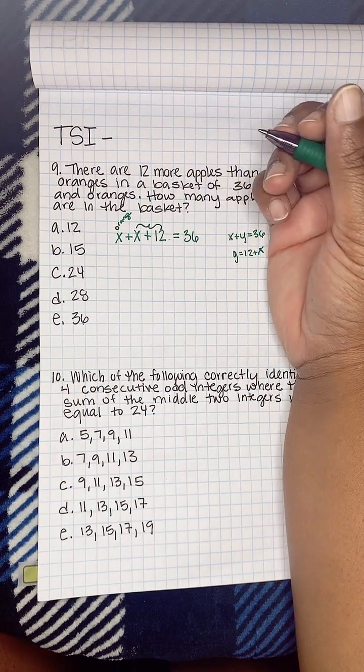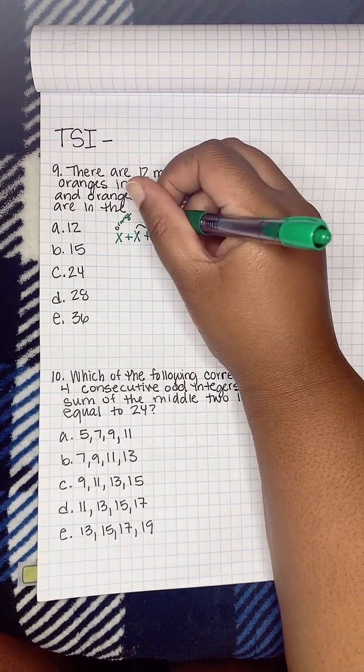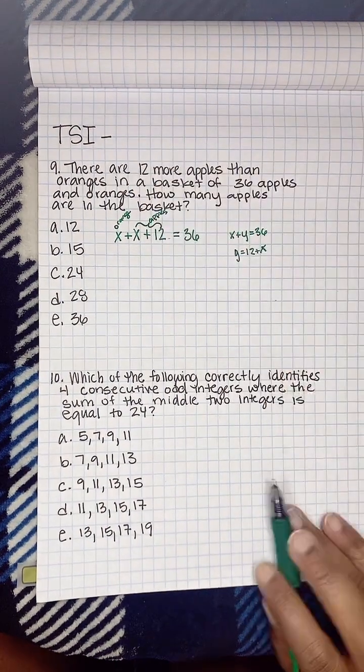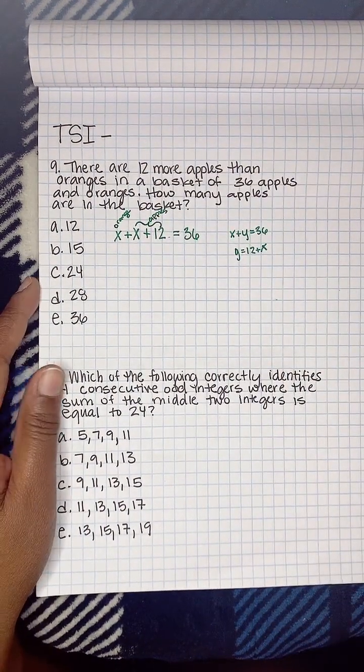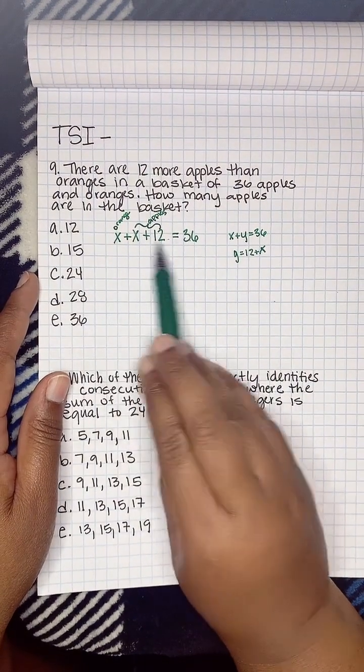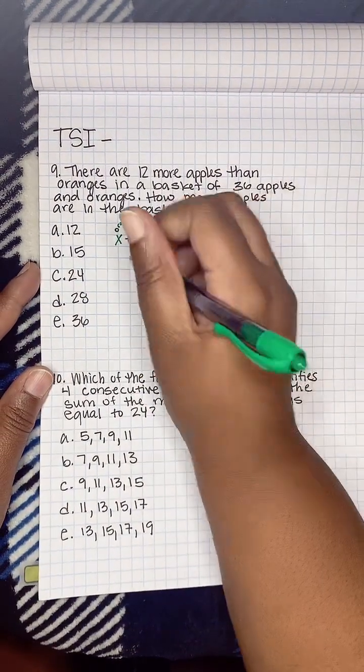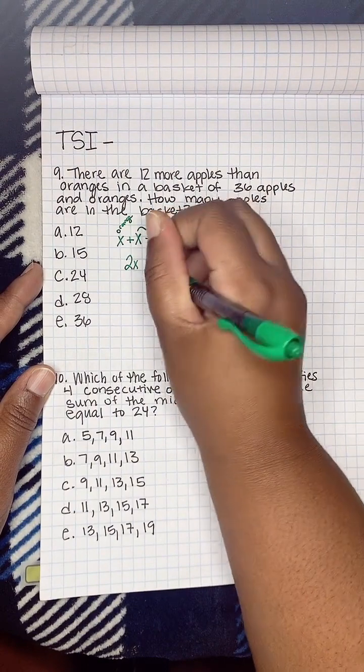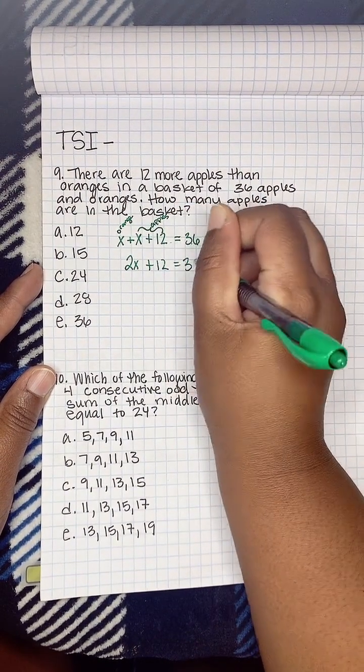This would give me my total amount of apples. So now we have to solve this. X plus X would give us 2X plus 12 equals 36.